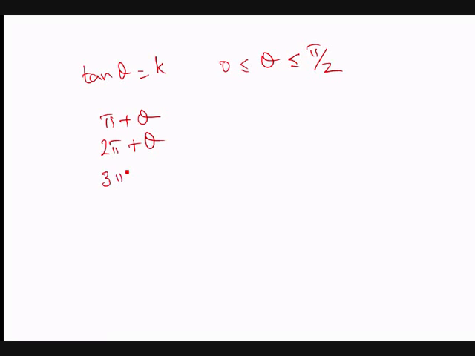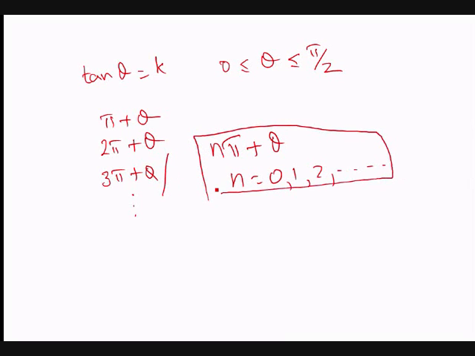So if you want tan theta equal to k to be solved, and if you can find out the first angle between 0 and pi over 2 as theta, then the general solution will be pi plus theta. We saw this 2 pi plus theta, 3 pi plus theta, etc. And therefore the general solution will be n pi plus theta, where n ranges from 0, 1, 2, 3, etc. So this is the general solution for tan theta equal to a value k.